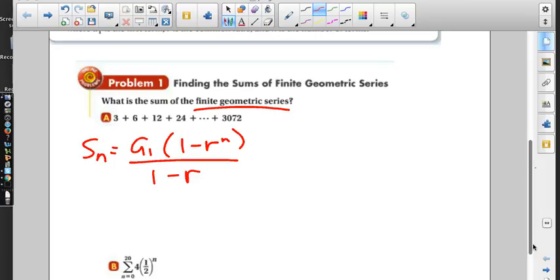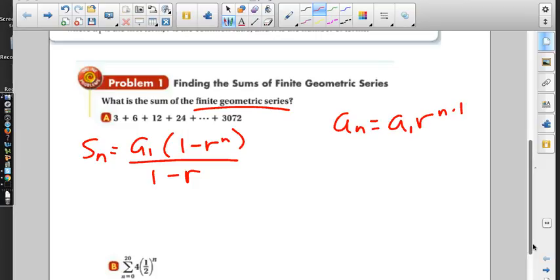So let's see here. I need to know, how many? I don't know how many. Well, this is very similar to arithmetic in that if we don't know a piece of information, we're going to go back and use the formula that we use for geometric and find what we need. That's what that's for. If something's missing, we're going to find it.